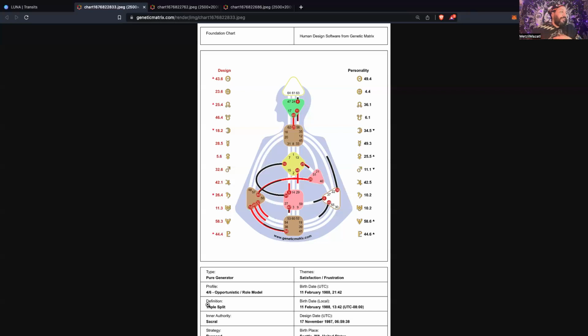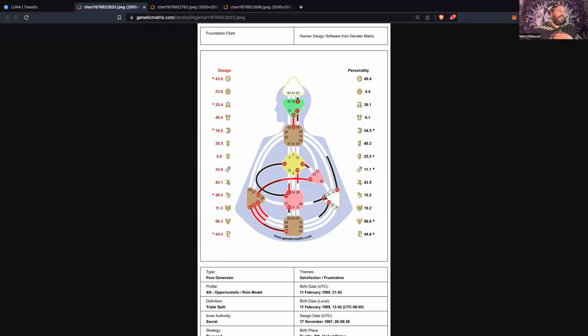So next, we're going into the triple split definition. This person has three areas in their body that their aura is generating from. So we have the third eye and throat center generating this section of the aura. Then we have all of this right here: spleen, root, sacral, liver, G center, self-identity center, ego or heart center.